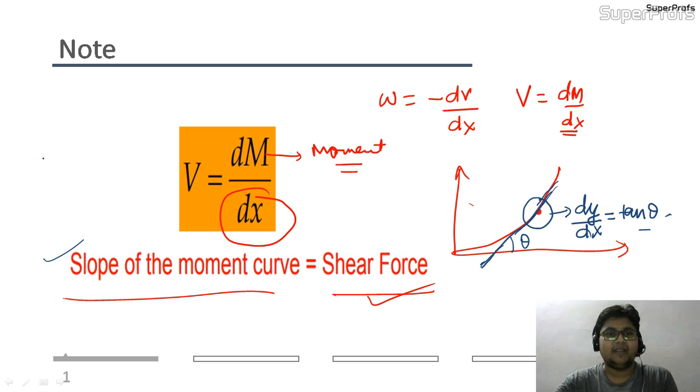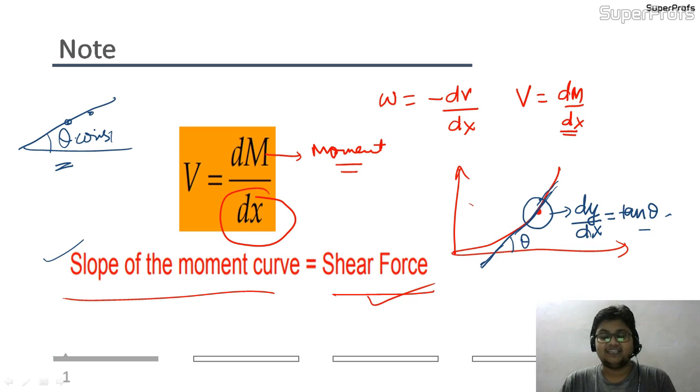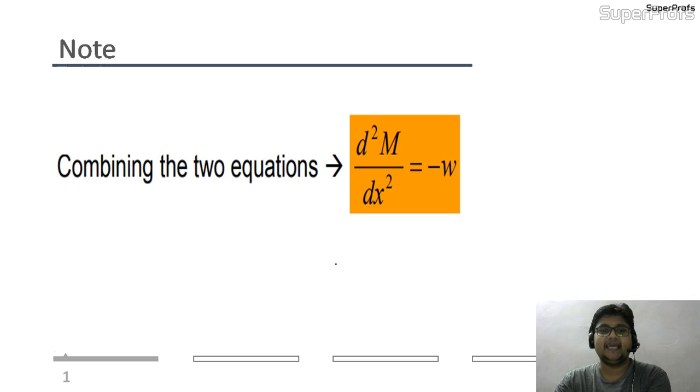Like if the bending moment diagram is a straight line, the slope, theta, is constant at each and every point. Then we can conclude that our shear force remains constant between the two points. So this was a very important relationship. Moving on to the next.